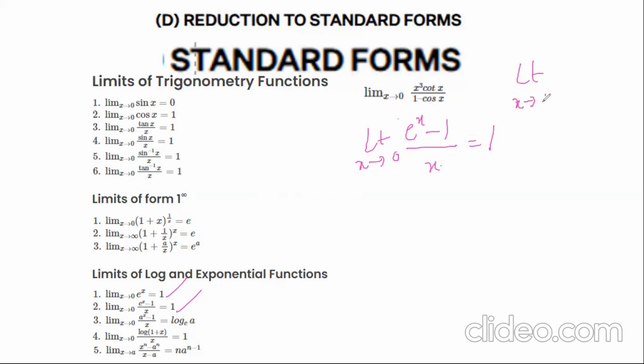Limit x tends to 0, (a power x minus 1) by x is log a, to the base e here, not log 10. Why? In exponential forms, you are taking e as the base, whereas in common logarithms, you are going to take base as 10, right?